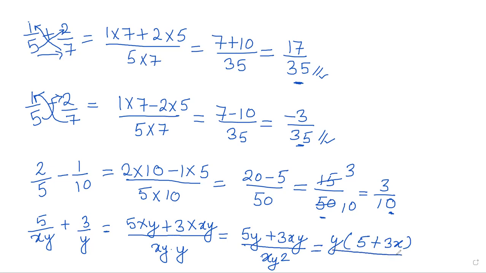And then in the denominator, you have xy squared. Now the idea is this y can be cancelled with this y and you will get only y. So y times y is a y square. That means you end up with 5 plus 3x over xy. Should be your answer.